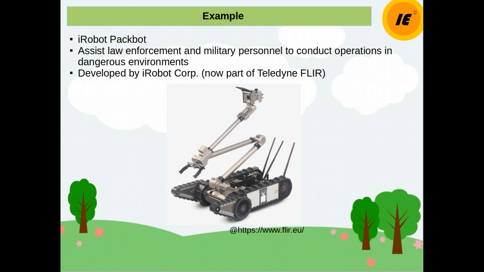The mobile chassis of the PackBot accepts a wide range of payloads, including a robotic arm that can be fitted with a gripper, video camera, lighting, acoustic sensors, chemical and radiation detectors, or specialized equipment such as that needed for disarming bombs. So that is the product that would be used for today's learning on the chapter based on prototyping.